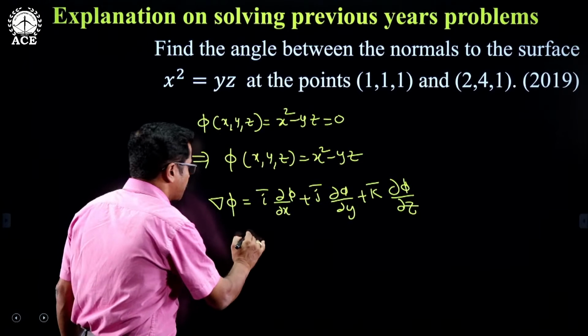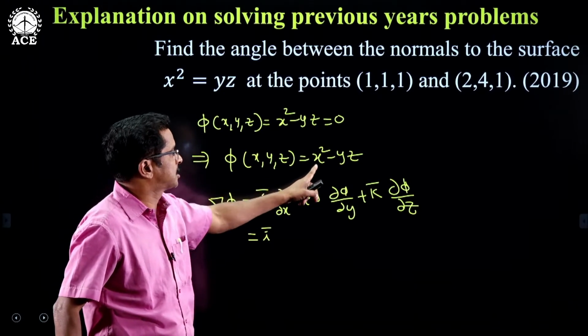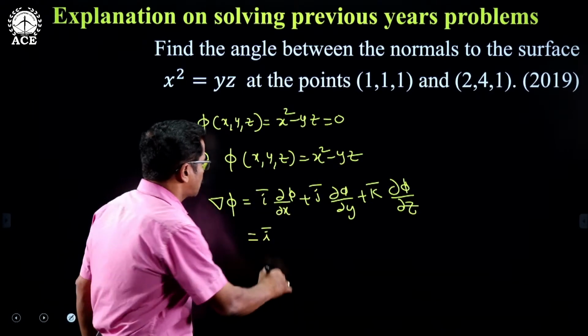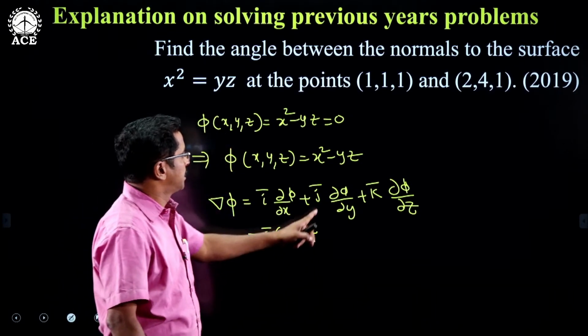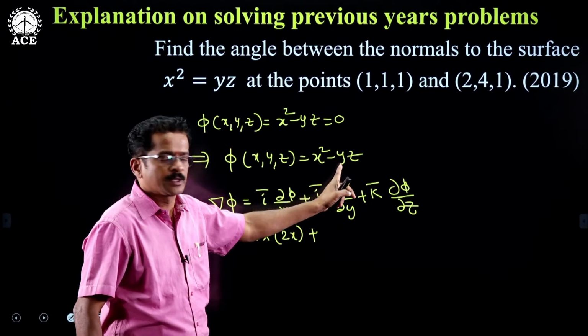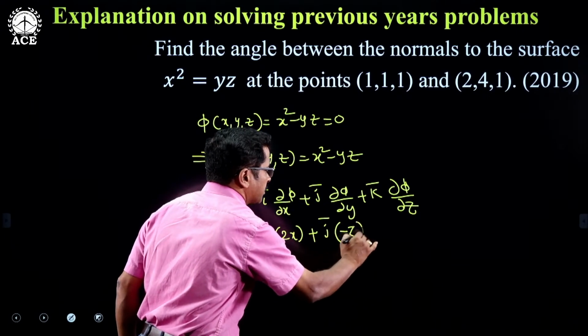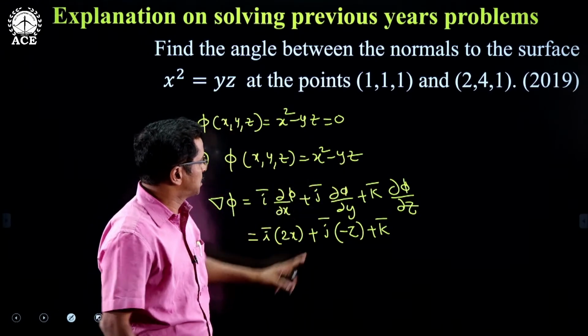Right? So which is equals to i bar into dou phi by dou x. Phi is x square minus yz, so with respect to x it is 2x. And dou phi by dou y with respect to y is going to be minus z, plus j bar into minus z, plus k bar into, with respect to z, minus y.